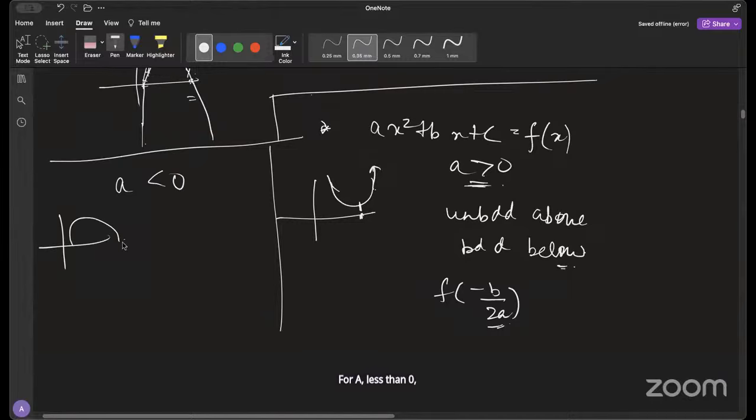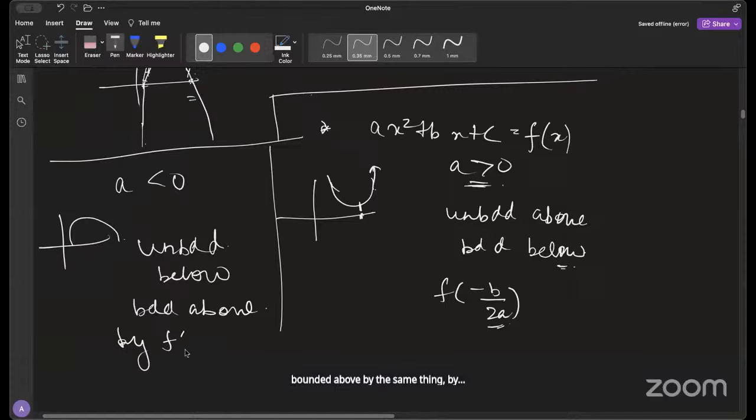It will look like this, unbounded below and bounded above by the same thing, f of minus b by 2a.